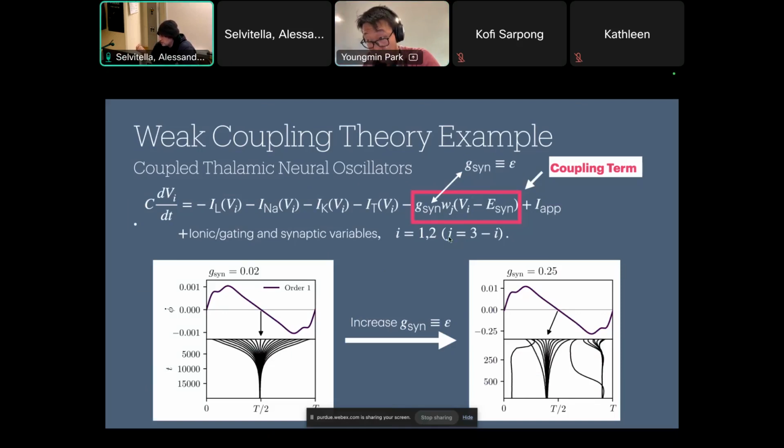Yes, you're right. In the new time scale, the one with Gsyn equal to 0.25, there are naturally two different systems in practice. One for long time, when phi dot is basically 0.